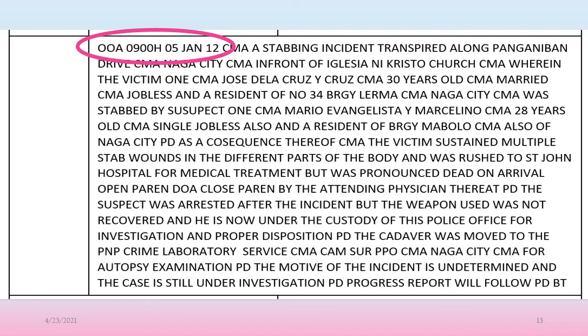What is 900 hours? 9 o'clock, because we use 24 hours, military time. So, on or about 9 o'clock, 9 a.m., on January 5, 2012. Day comes first before month, and then year. That is how we put our date and time.